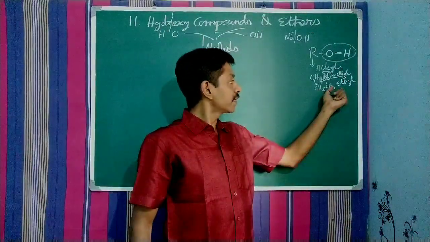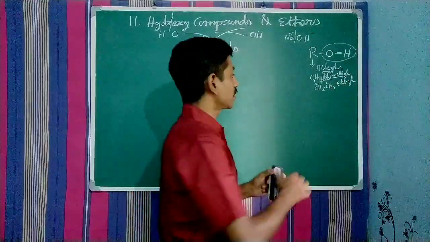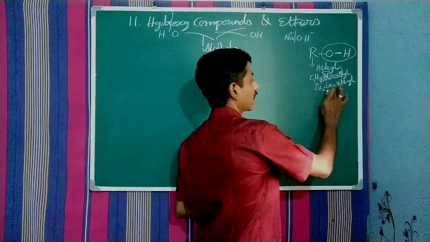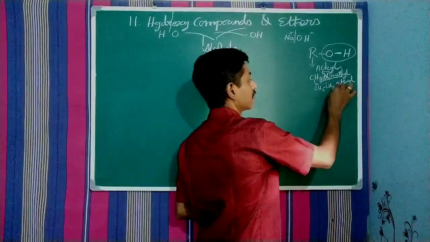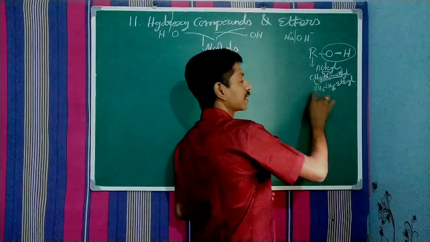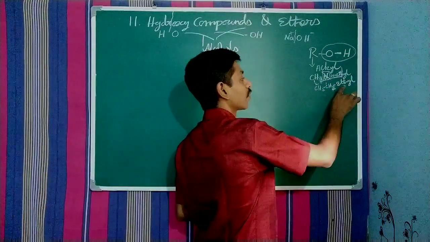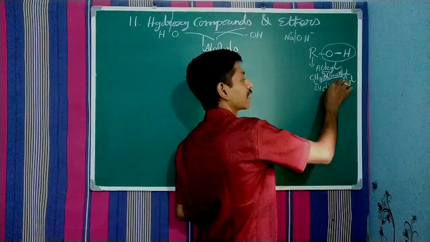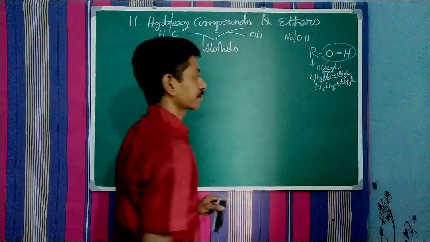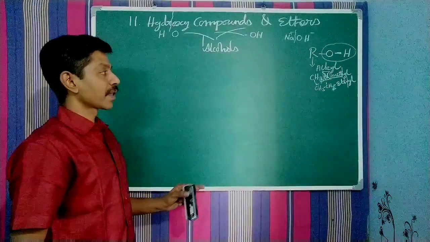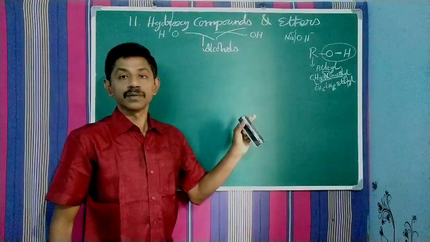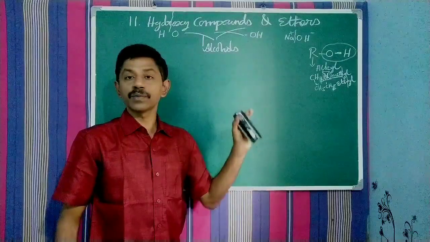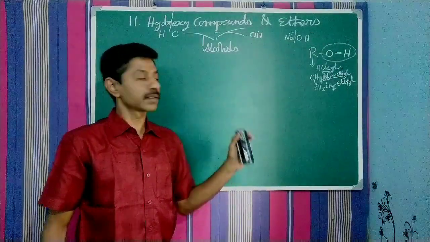So ethane is CH3CH3, I remove one of the hydrogens, and that particular group you have to call ethyl, because two carbons, eth, one hydrogen is missing, Yl. So this is how we go for the basic ideas.